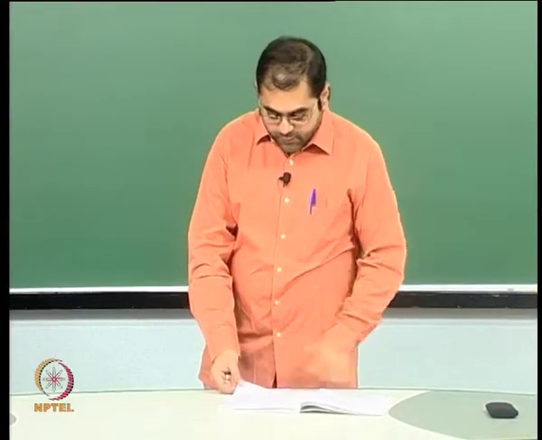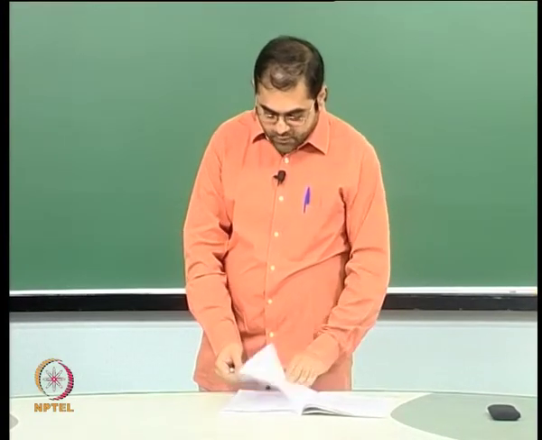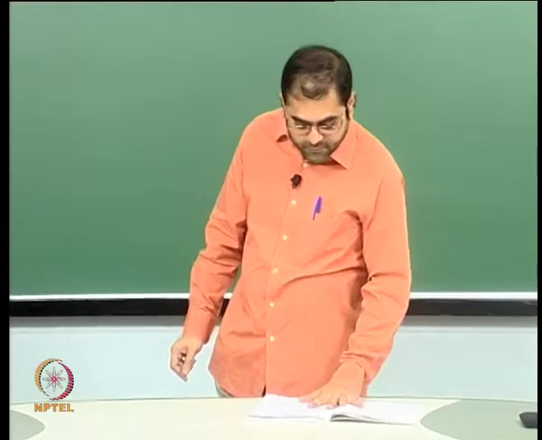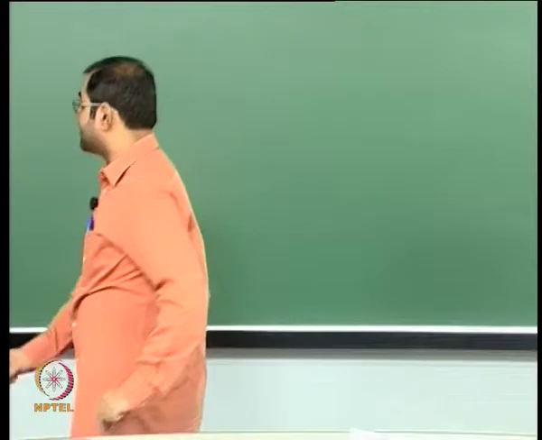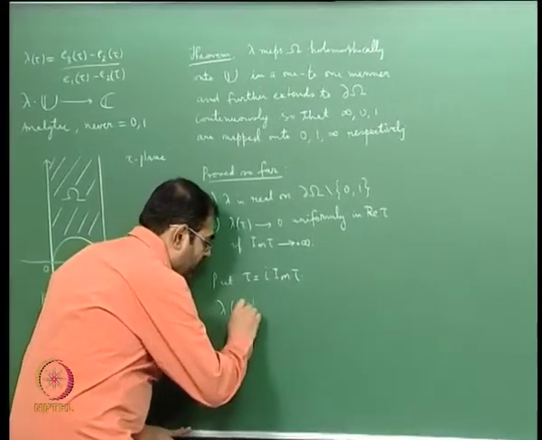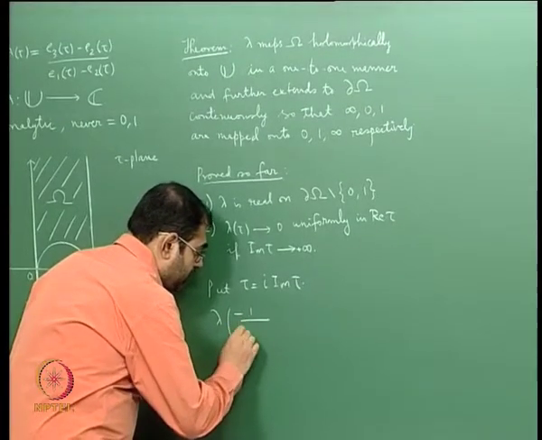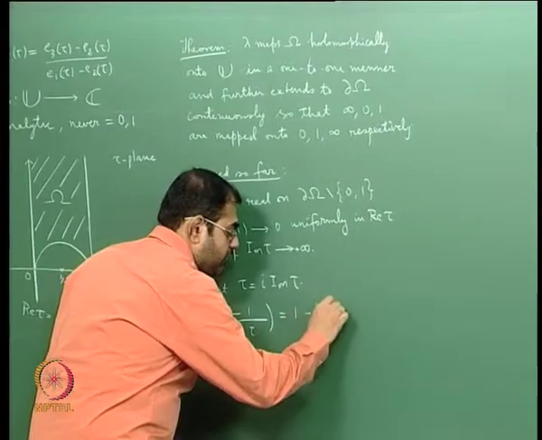And then I have a formula. If you recall from these functional equations, one of them is lambda of minus 1 by tau is 1 minus lambda of tau.